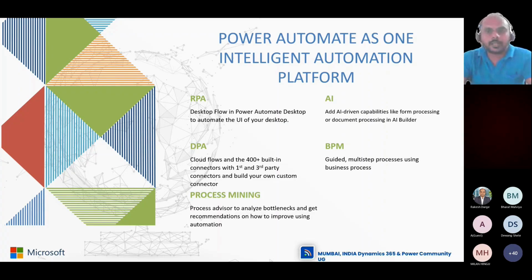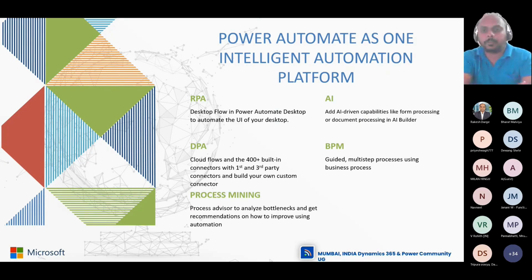And the last, recently introduced and most important, is process mining. Using process advisor, we can analyze existing or pre-built processes by providing just your data, some logs and other details, and that will provide us a detailed analysis of which process is taking more time, which process can be automated, and how we can leverage Power Automate or another automation tool to reduce the overall process time and improve our area.